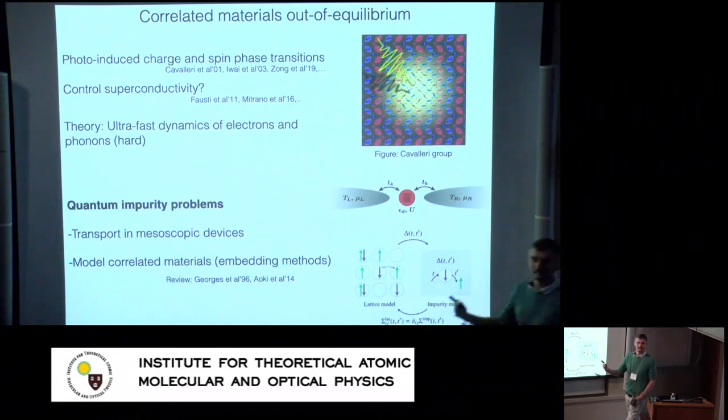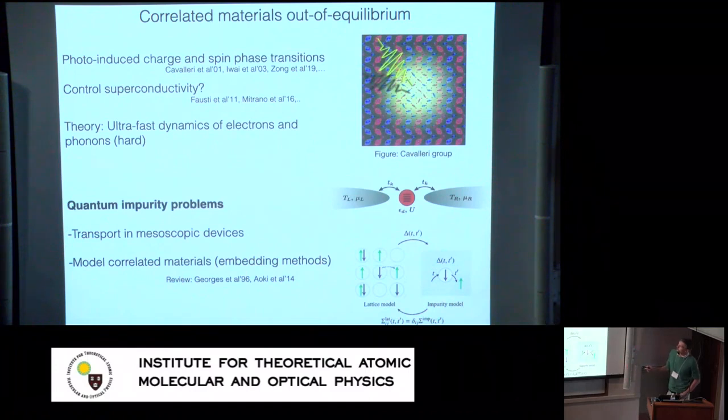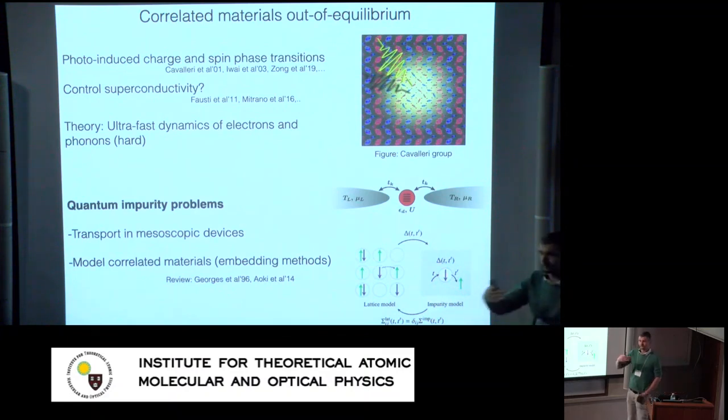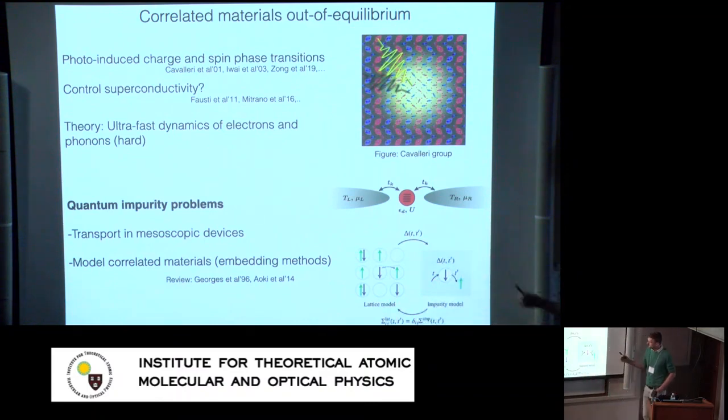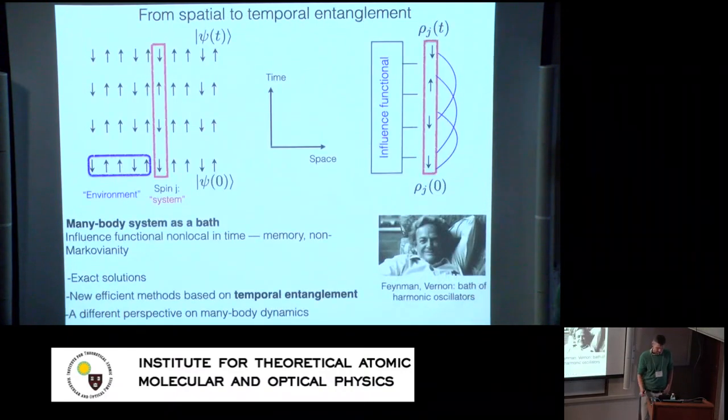In this method, the central bottleneck is quantum impurity problems, which are self-consistent. Essentially, you try to model your material as an impurity embedded in a non-interacting environment, and its properties are self-consistently tuned to emulate a given correlated material. And I will get to that later on.